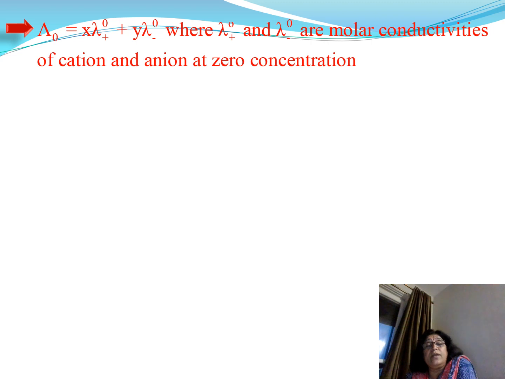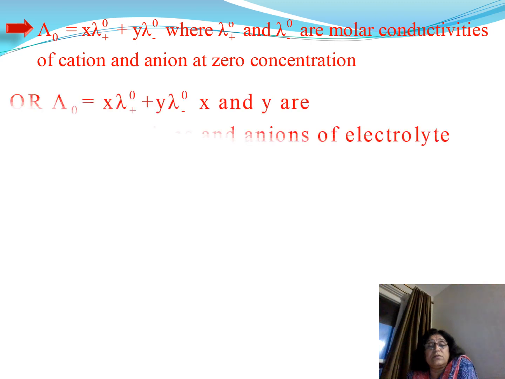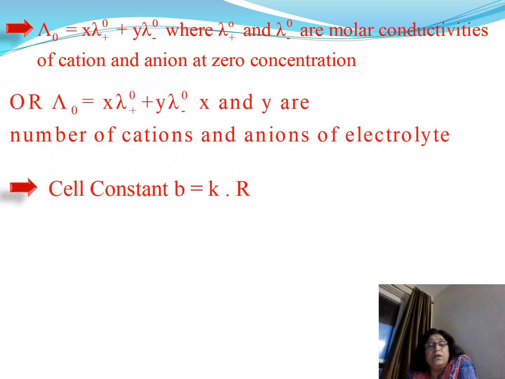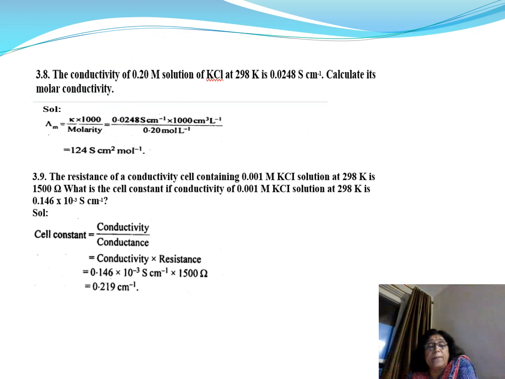So lambda plus naught and lambda minus naught are the molar conductivities of cations and anions at 0 concentration. Okay. Cell constant is represented by b, or it is also represented by G star. So that is equal to K into R, kappa into R.